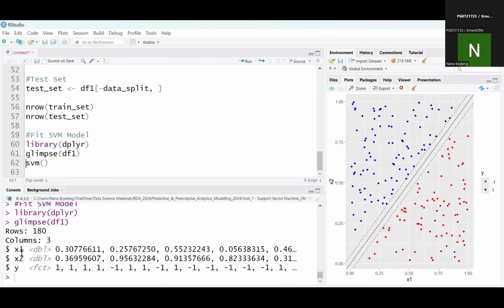So we have S1, S2, and then Y. So it's the Y we want to predict. Y is the outcome variable, and then the predictors are S1, S2 in this case.